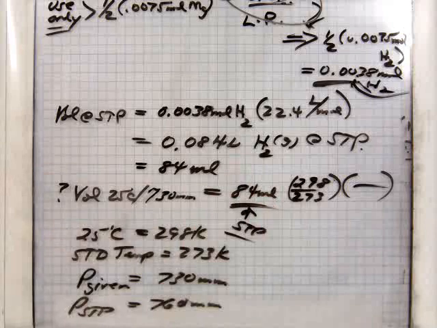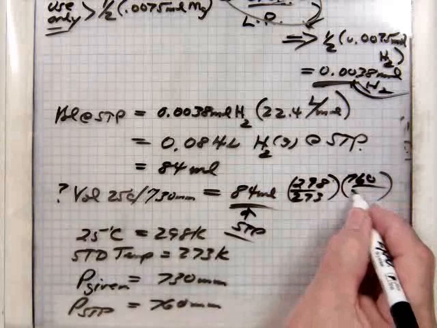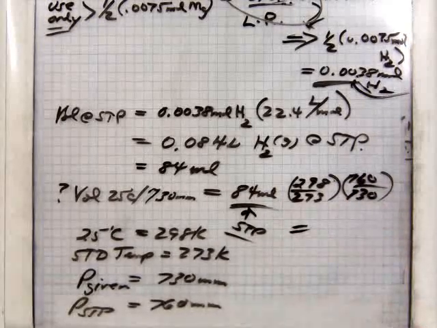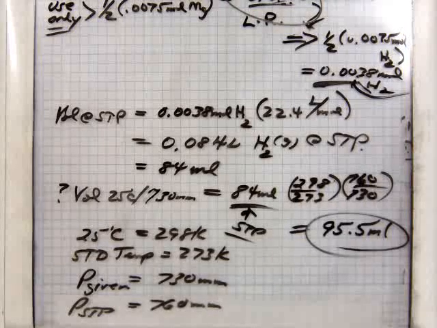What do I use? Sure, 760 over 730. That will give you the volume of that gas produced at 25 and 730 millimeters of pressure. Whatever it comes out. 95.5 is what I get. That will back me up.